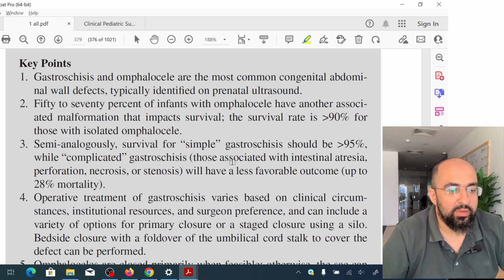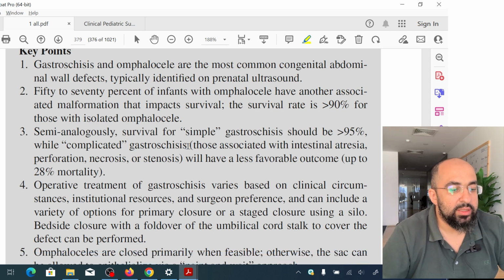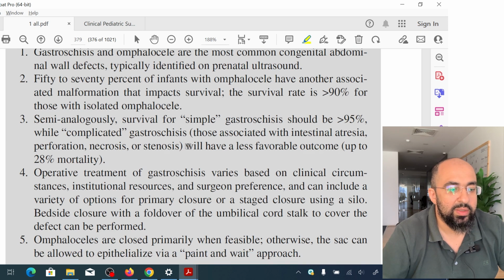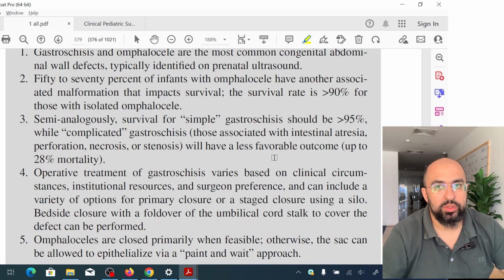Similarly, survival for simple gastroschisis is more than 95%, and they are mostly not associated with cardiac anomalies. But they may be associated with intestinal anomalies like atresia, closing gastroschisis, necrosis, severe edema, or stenosis, and this may lead to less survival and more mortality, up to 30%.